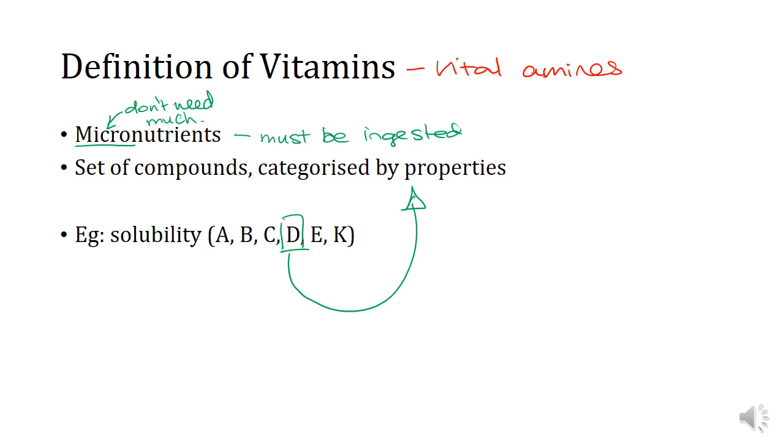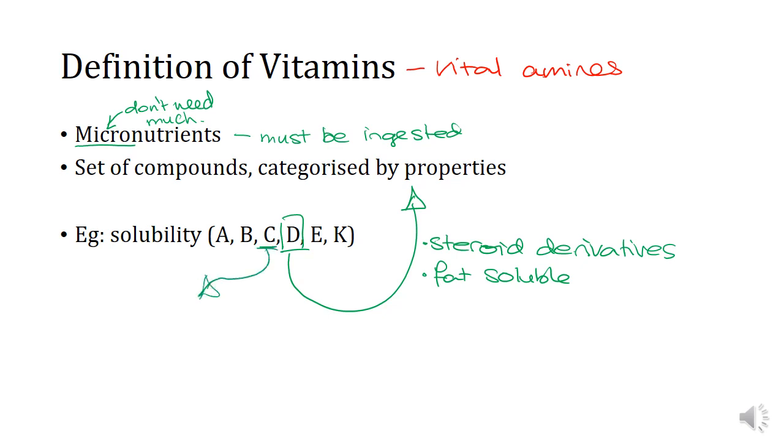So all of our vitamin Ds are, I believe, steroid derivatives. And they're all fat soluble, not water soluble. Also, for example, all of our vitamin C, actually there might only be one vitamin C. Vitamin C is water soluble.